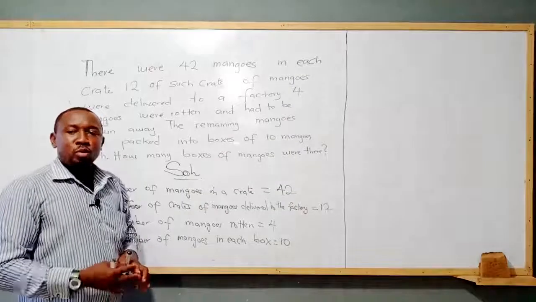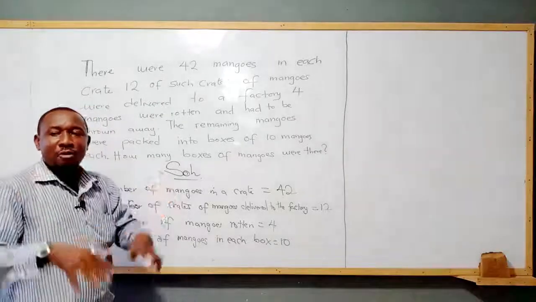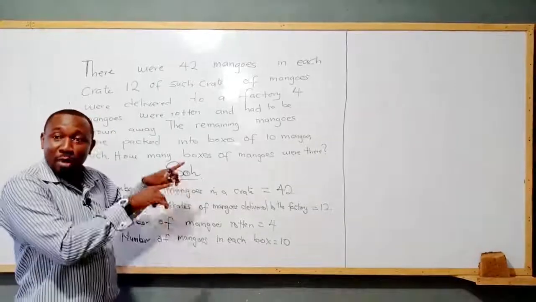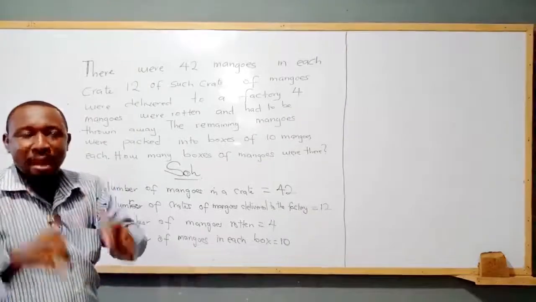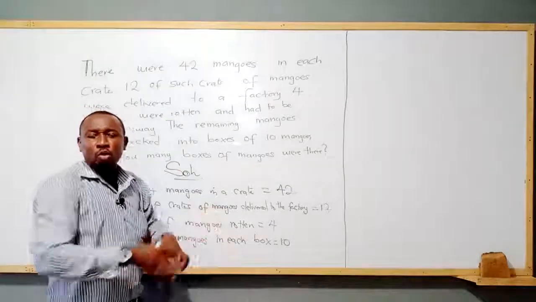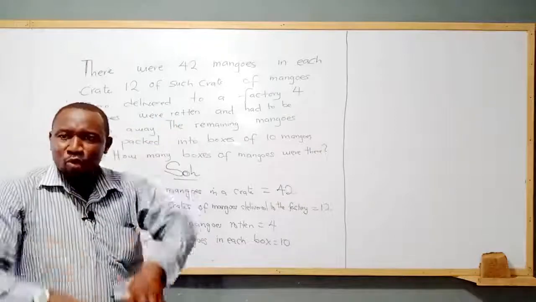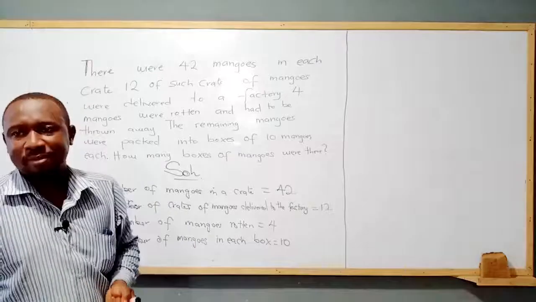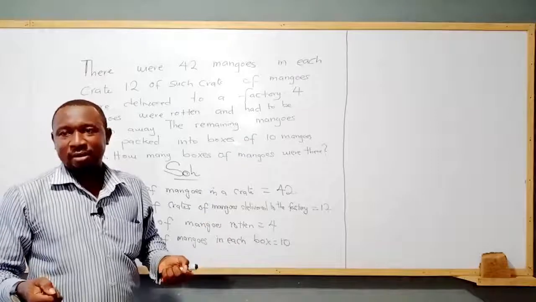Then we subtract the rotten mangoes from the number of mangoes that were in the 12 crates. We'll be left with the number of mangoes that actually reached the factory for processing, because rotten mangoes cannot be used for processing.